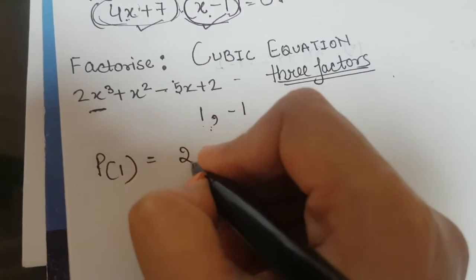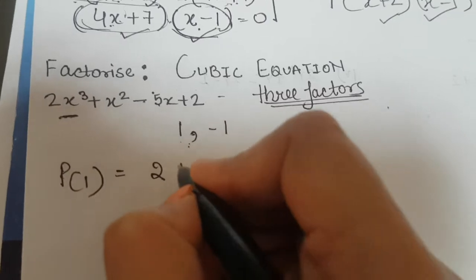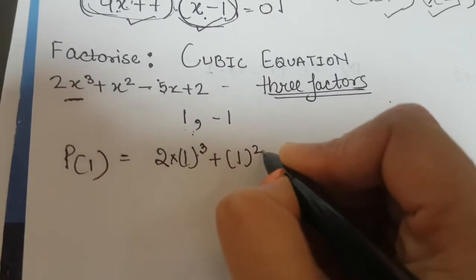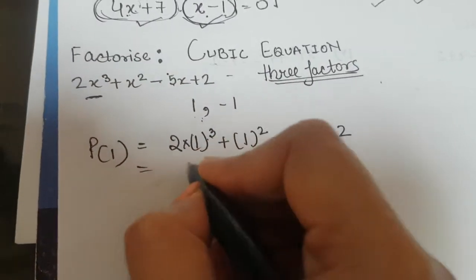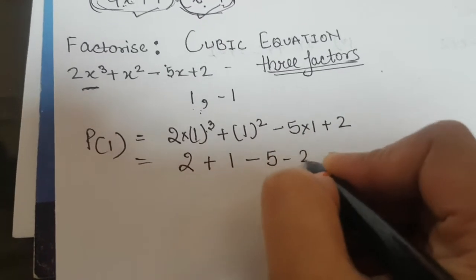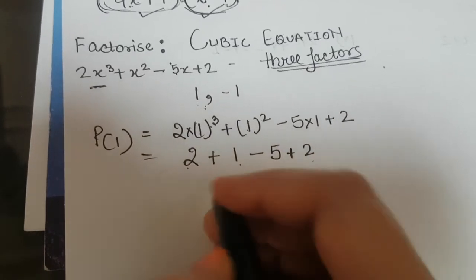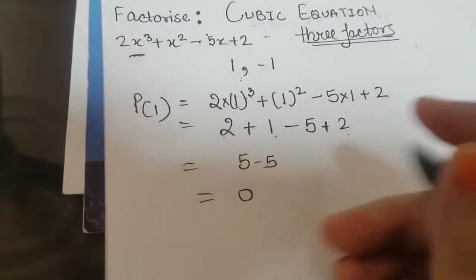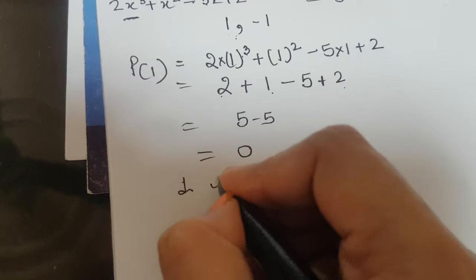Now put the value of x as 1 in this polynomial: 2 into 1 cube plus 1 square minus 5 into 1 plus 2. So it will be equal to 2 plus 1 minus 5 plus 2. Add the positive ones: 2 and 1, 3, and 2, 5. Minus 5 equals 0. So the remainder is coming 0. It means yes, 1 is a factor.